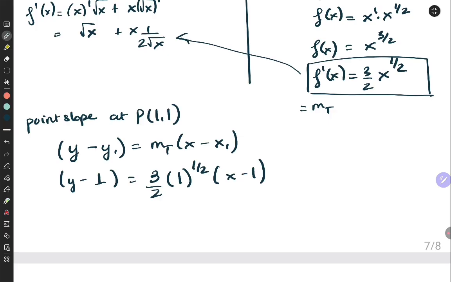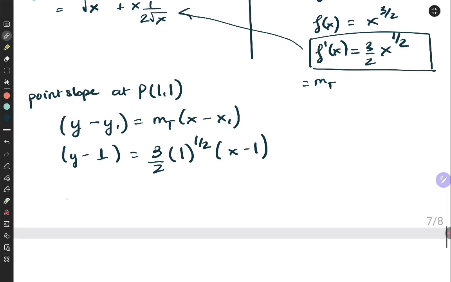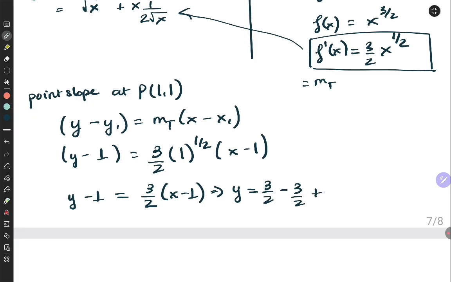Okay, so now clean this up. You have the tangent line. So y minus 1 equals, 1 raised to the power 1/2 is 1, multiplied by 3/2, it's still 3/2. So y equals 3/2 x minus 3/2 plus 1.